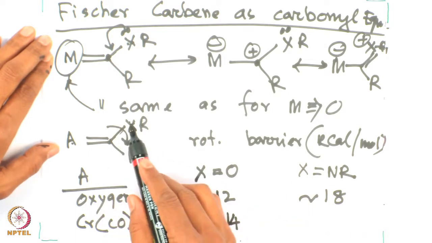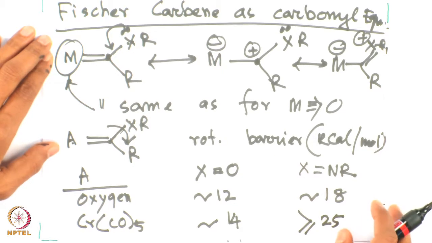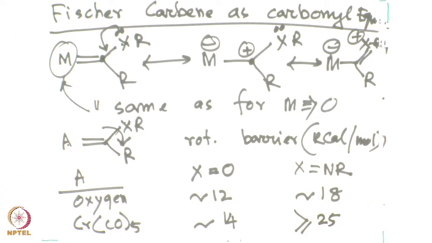And if it is an NR, then the Fischer carbene will have a rotational barrier greater than 25 kcal per mole. So, this is very interesting, right. What you see therefore, compared to normal ester and normal amide, your Fischer carbene carbon-heteroatom bond rotation barrier is even higher. That means it has a better double bond character.